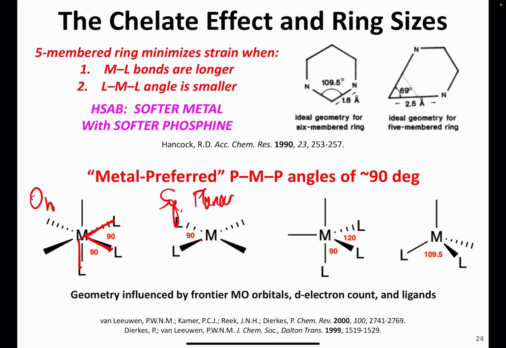Notice that the LML angles here want to be 90 degrees. You can have trigonal bipyramidal transition metal complexes. Well, the ligands in the equatorial position and the ligands in the axial position, the LML angles, will be 90 degrees. But if you have tetrahedral compounds, the LML angles are looking like 109.5.